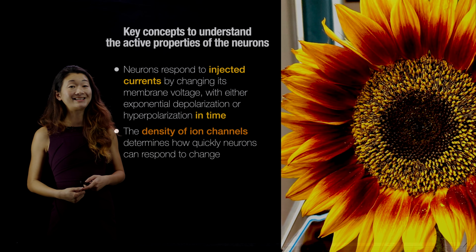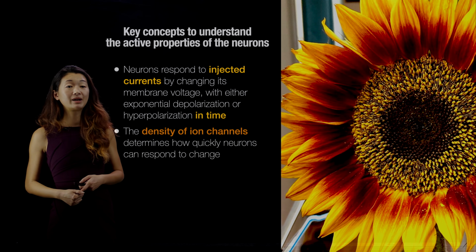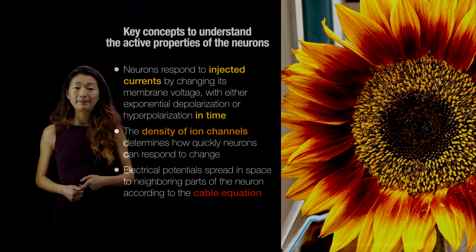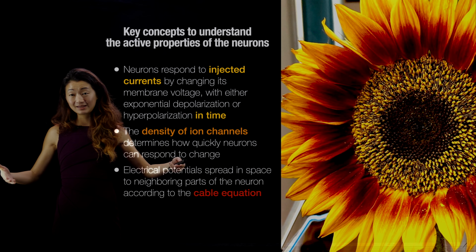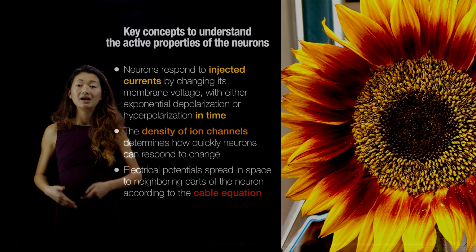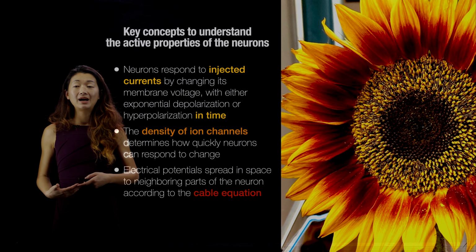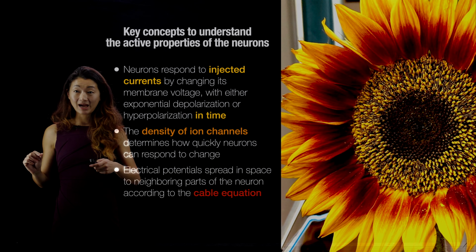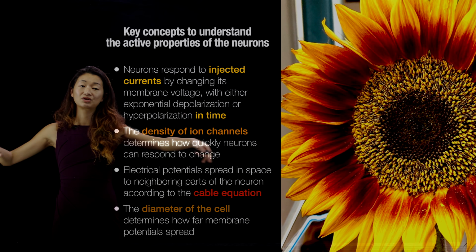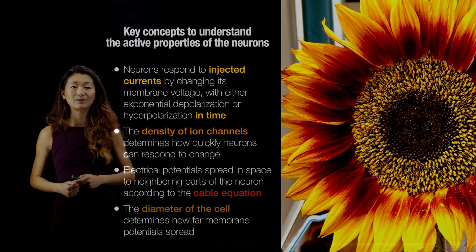We then talked about how the density of ion channels can determine how quickly neurons can respond to change. We talked then about the electrical property spreading in space. This is governed by the cable equation. And the cable equation makes a prediction about how the diameter of the axon in the cylindrical approximation determines the fastness and extent to which membrane potentials can spread.